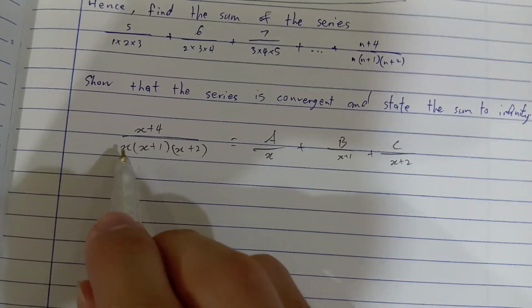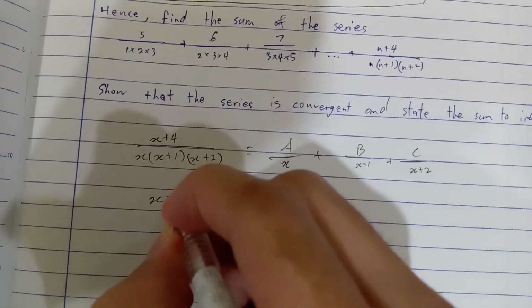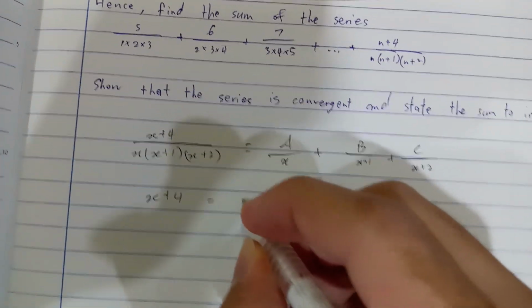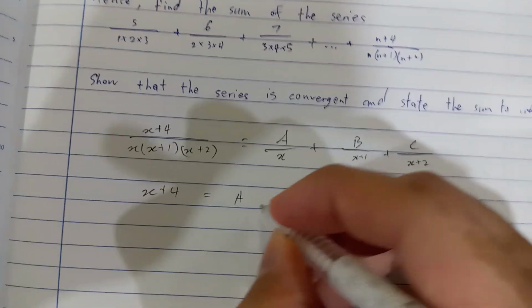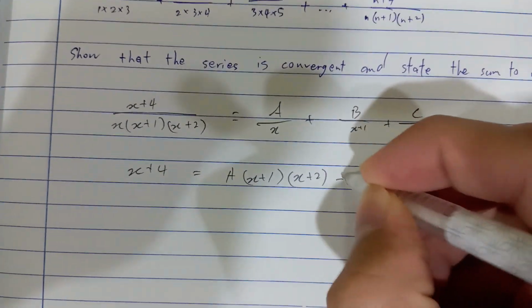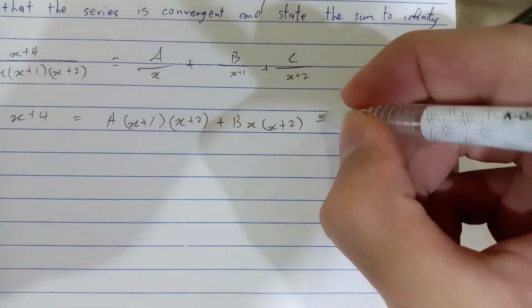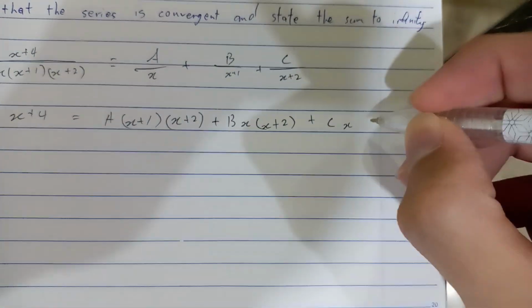You multiply both sides by the denominator, so you'll get x plus 4 equals A(x plus 1)(x plus 2) plus Bx(x plus 2) plus Cx(x plus 1).